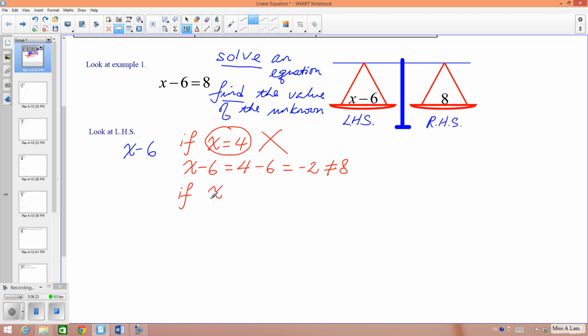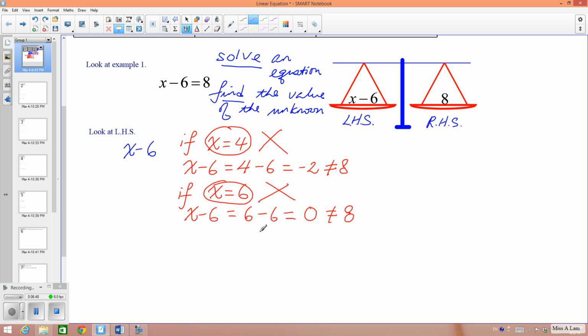Say, for example, if x equals 6. Then in this case, x minus 6 becomes 6 minus 6, which is 0. Again, 0 is not 8, and therefore x equals 6 is not the value that we want.